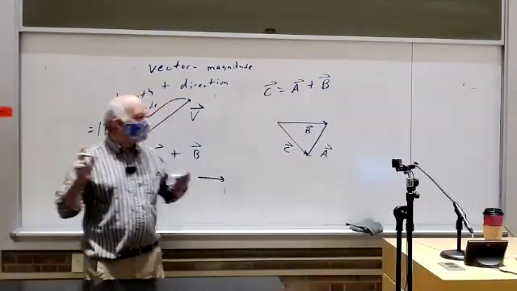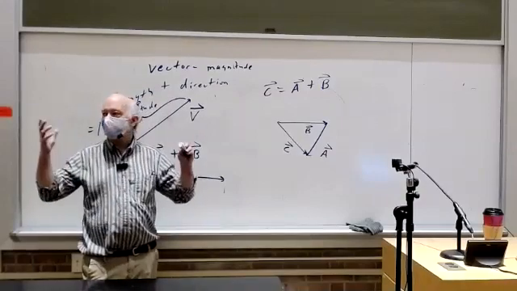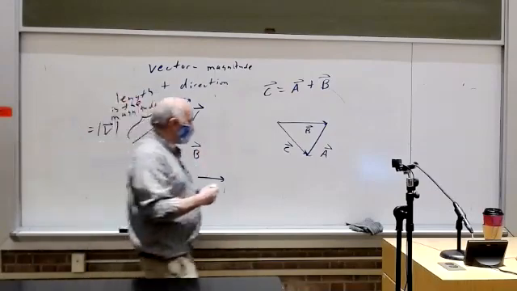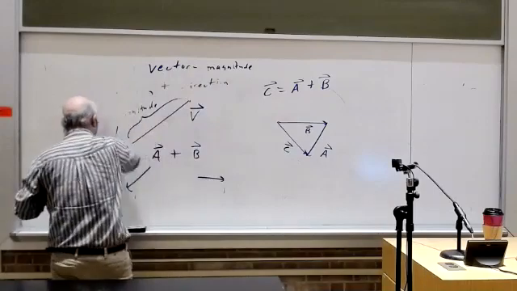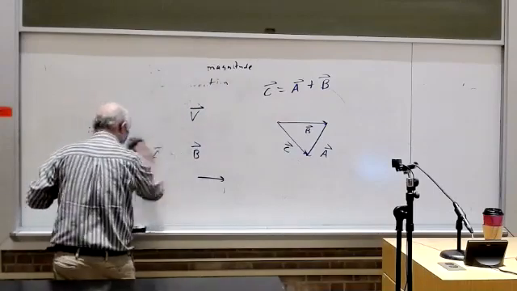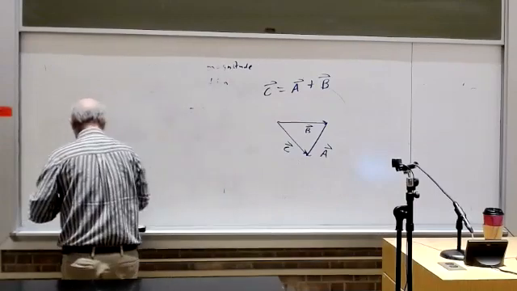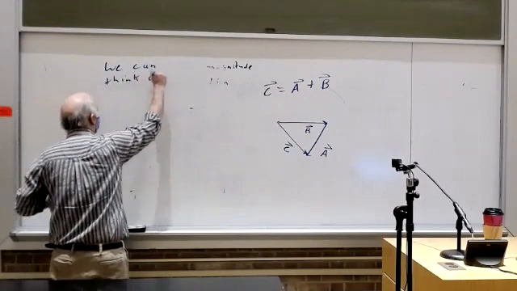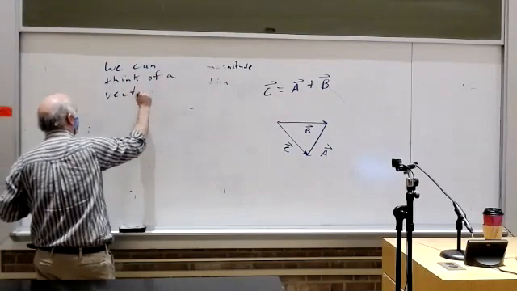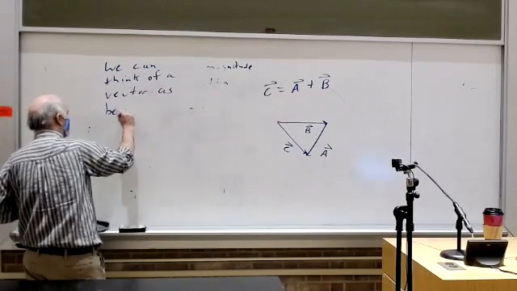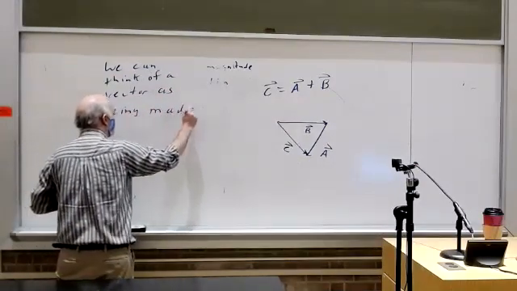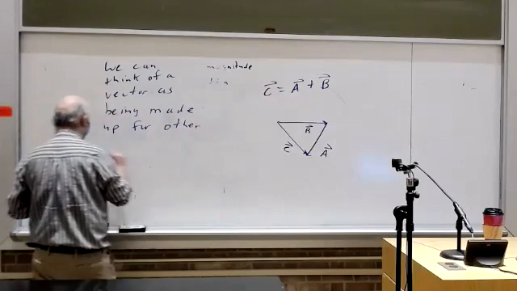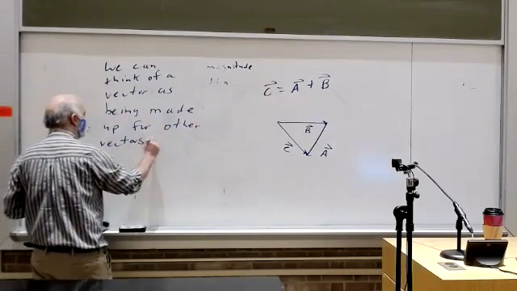Okay. Now, we said we wanted to talk about a vector as being made up of something else. We call those components. So we can think of a vector as being made up of other vectors called components.